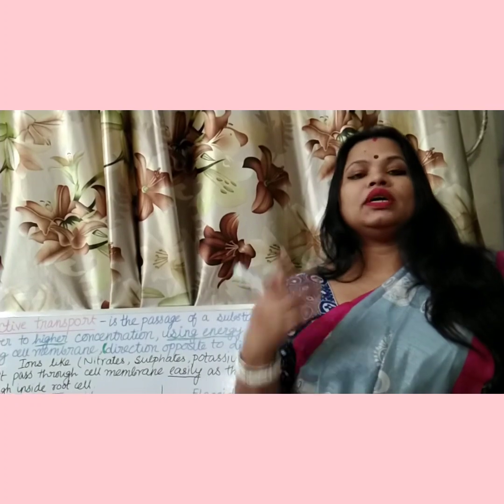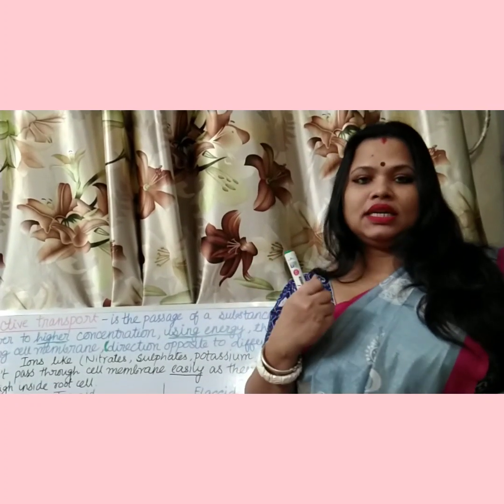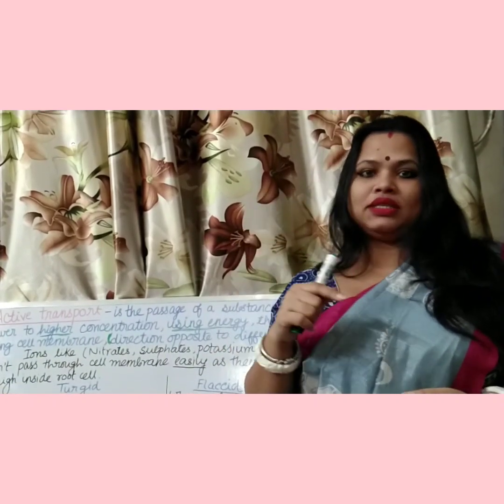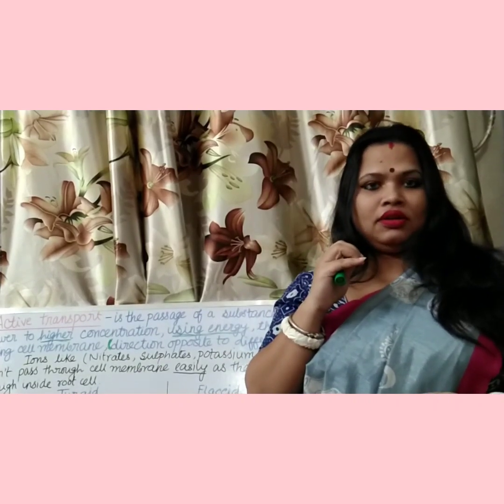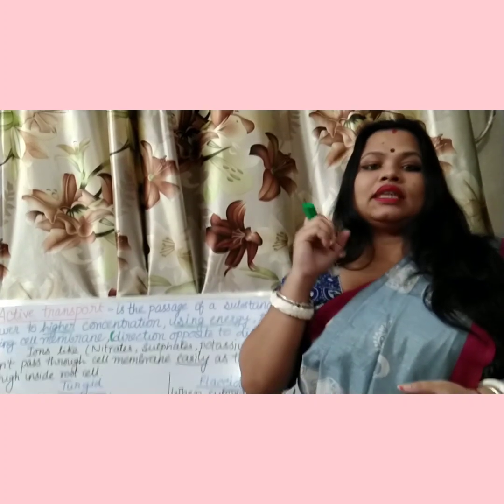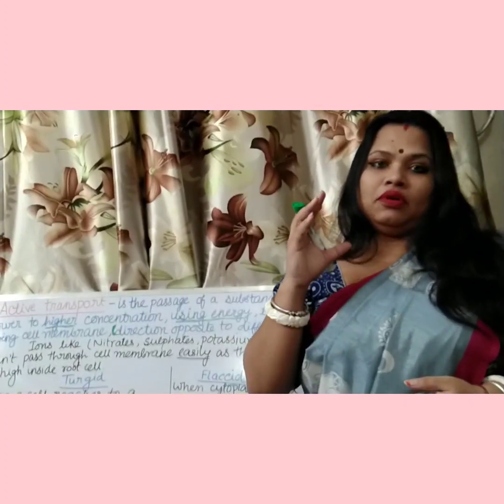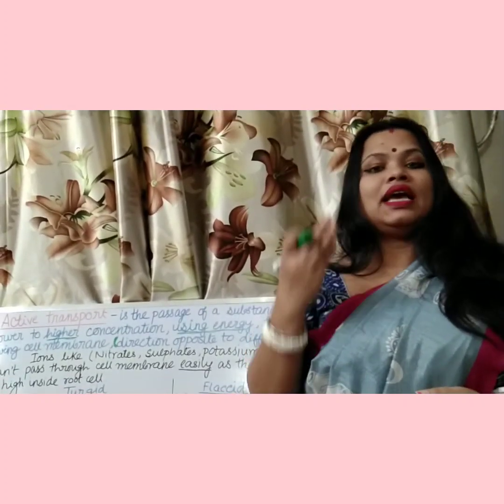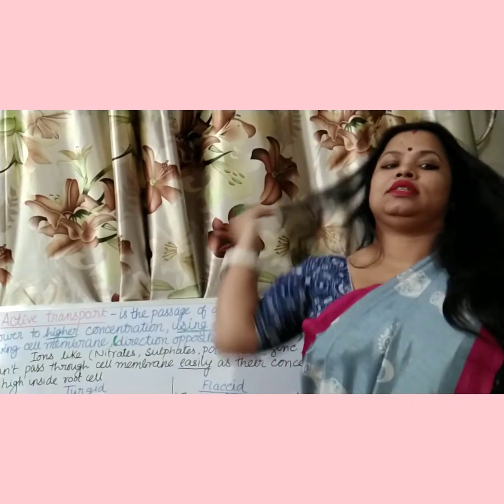In the flaccid condition, the cell membrane and the cytoplasm shrink from the cell wall. That is known as plasmolysis. That condition is called flaccidity, and the cell is in the state of flaccid.